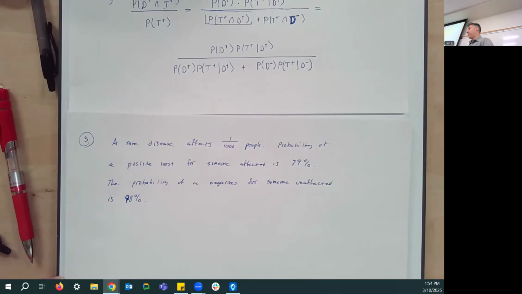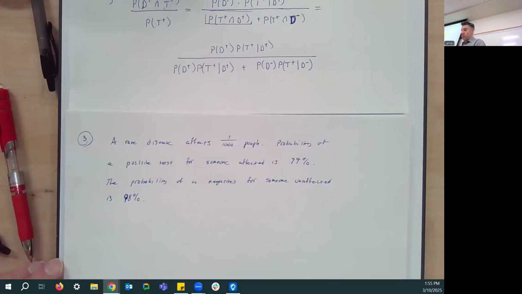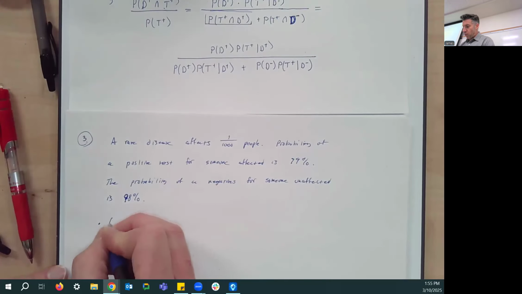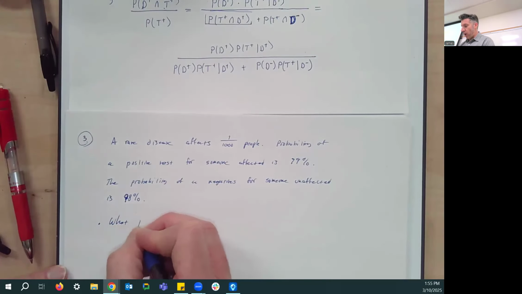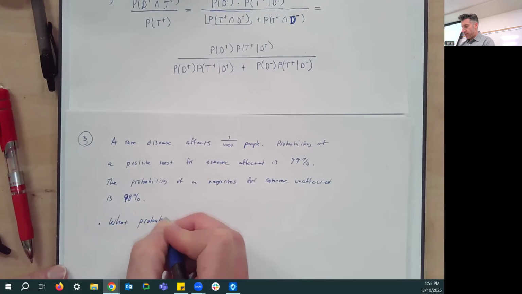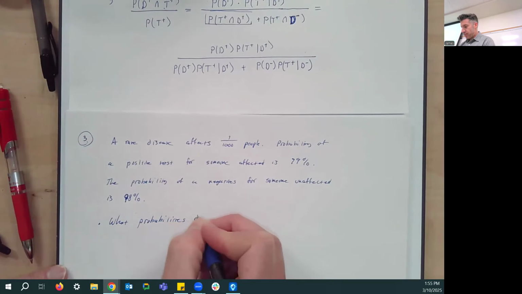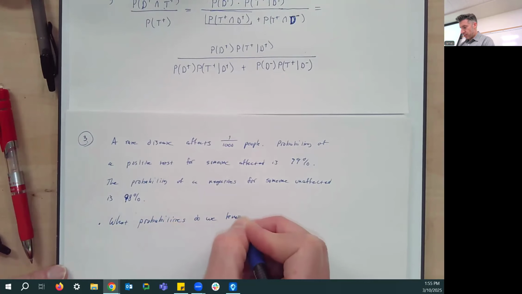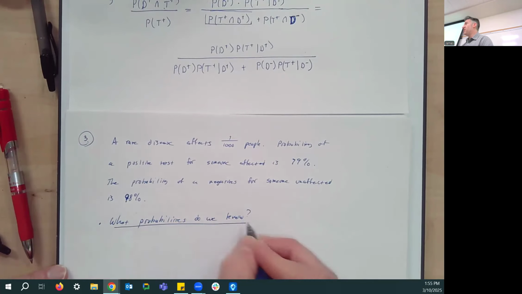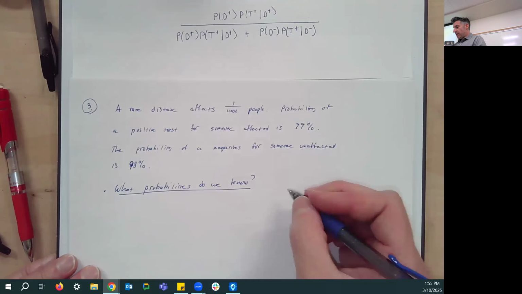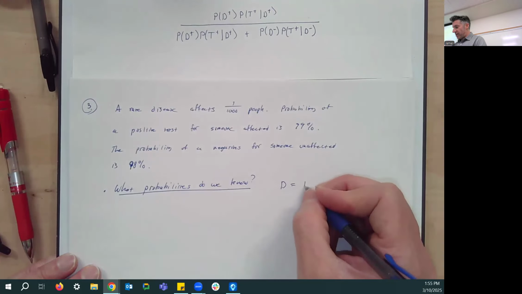We're going to find a few things here. But first, let's write down all we know. The first question, what do we know? Or what probabilities do we know? So usually the way I like to write this is D is the event of having the disease.